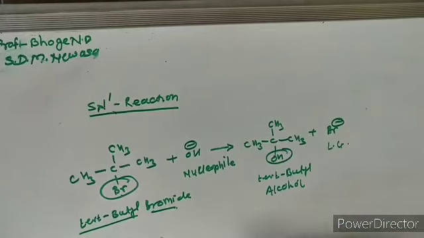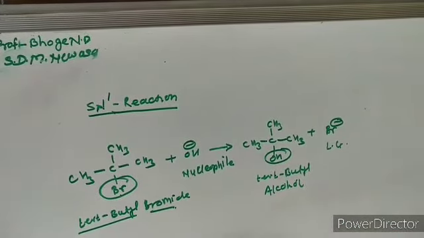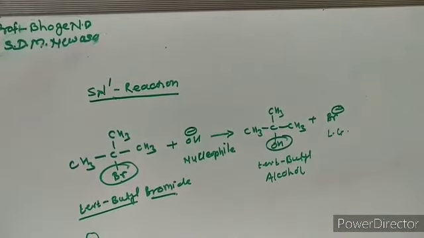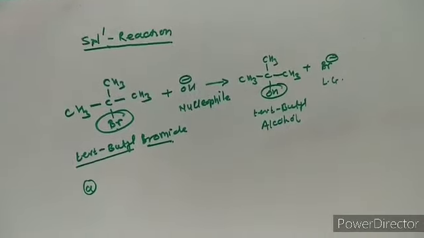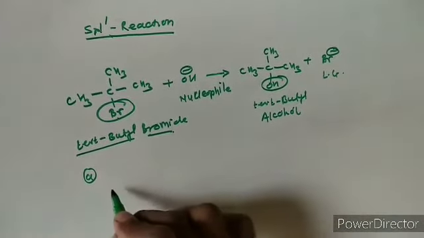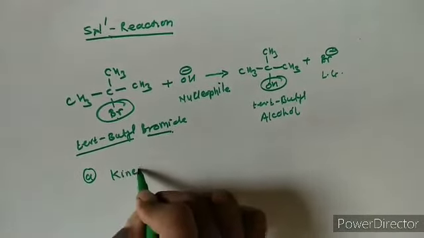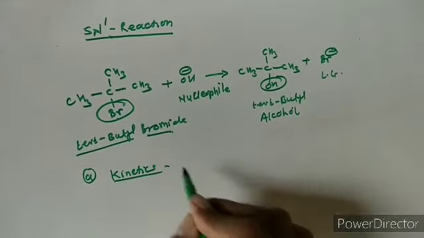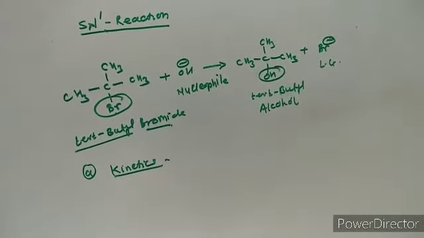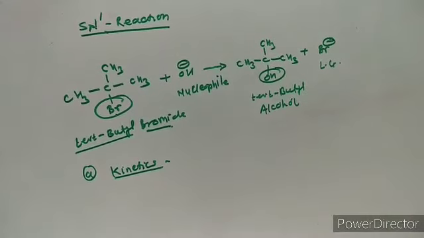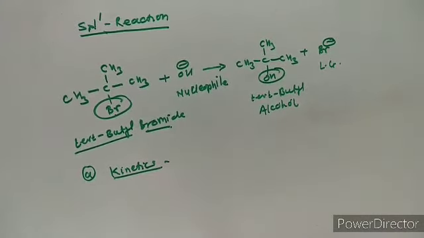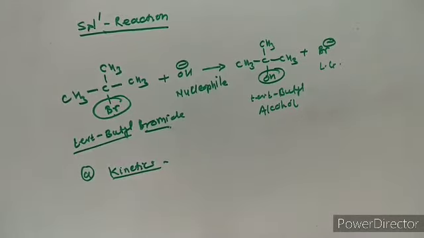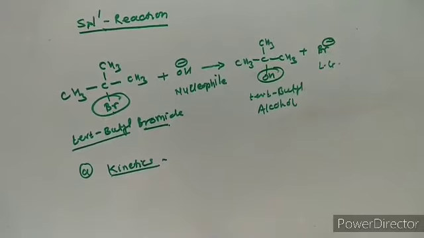So let's see the kinetics of SN1 reactions. Kinetics means the study of any chemical reaction. In kinetics, the rate determining step is very important because it is the slow step, and in the slow step we can determine how many molecules are present.